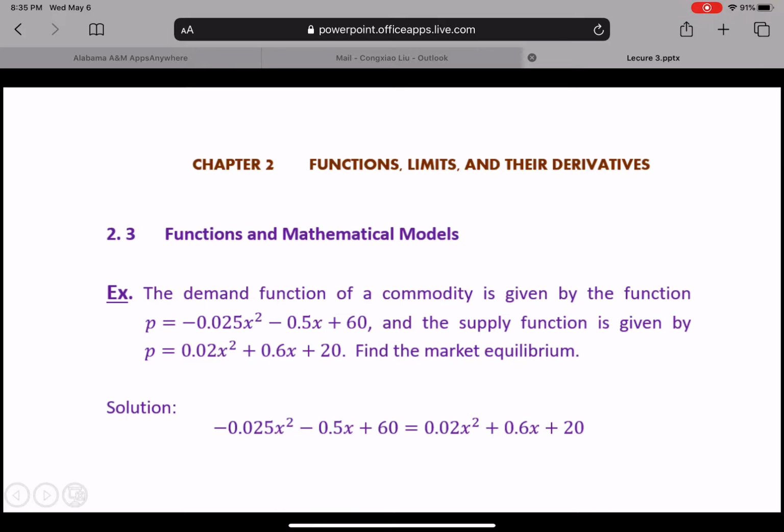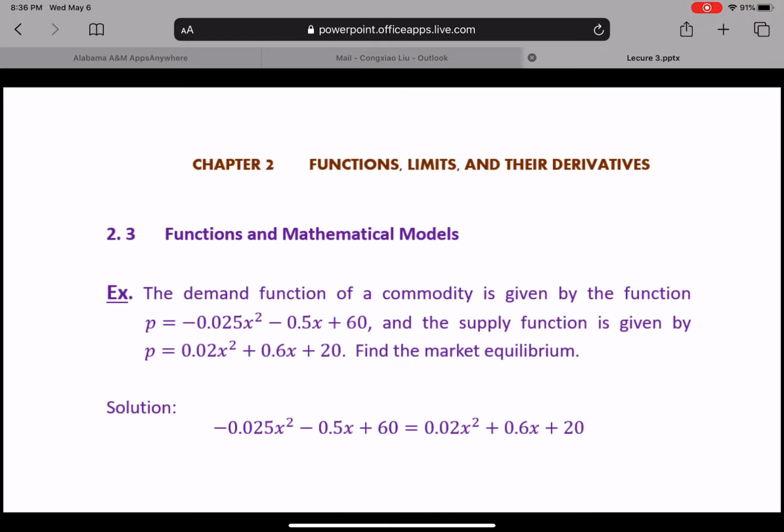Okay, so let's just do a simple example of using mathematical modeling to find the market equilibrium. So suppose the demand function of a commodity is given by P equals negative 0.025x squared minus 0.5x plus 60. And the supply function is given by P equals 0.2x squared plus 0.6x plus 20. And we need to find the market equilibrium.